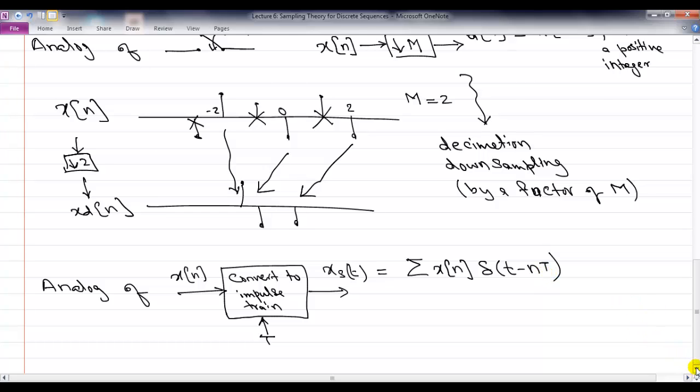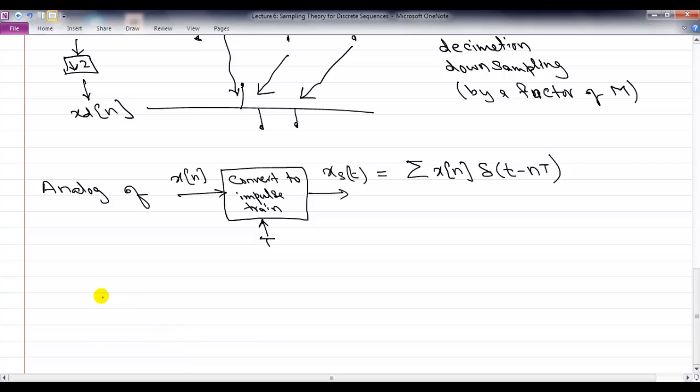There is a similar analog of that we will be seeing in the discrete world, and that analog works like this. You are given some samples x tilde n, and you convert them into an impulse train, but the impulse train is discrete now.